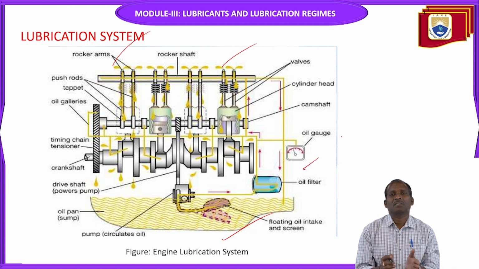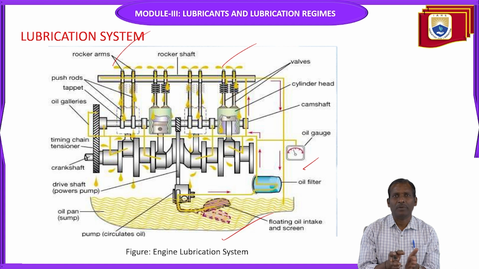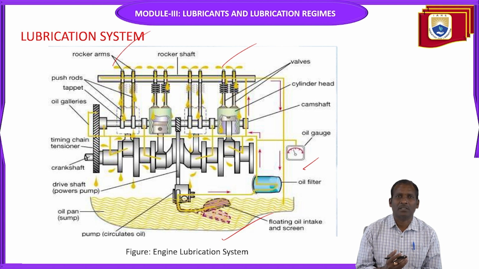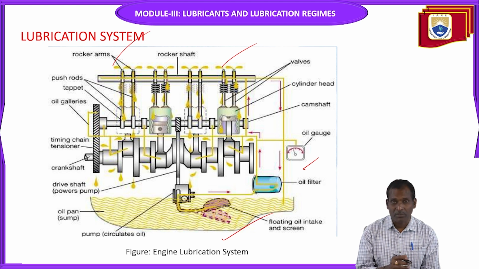This is the supply of lubrication to various systems. This is one type of lubrication system diagram shown. So how will it supply the lubrication? What are the important types and reasons of lubrication? We will see in the coming slides.